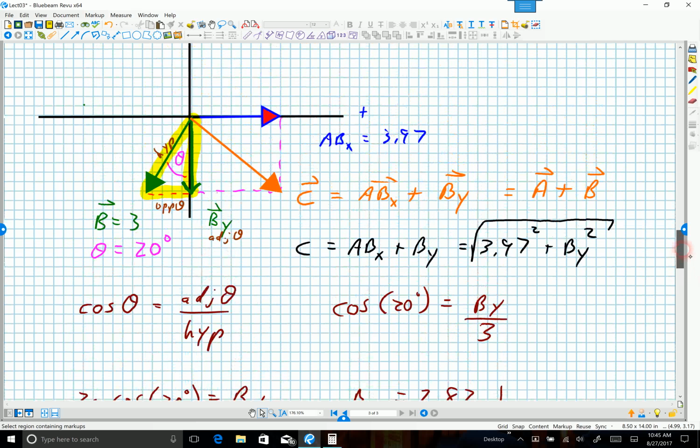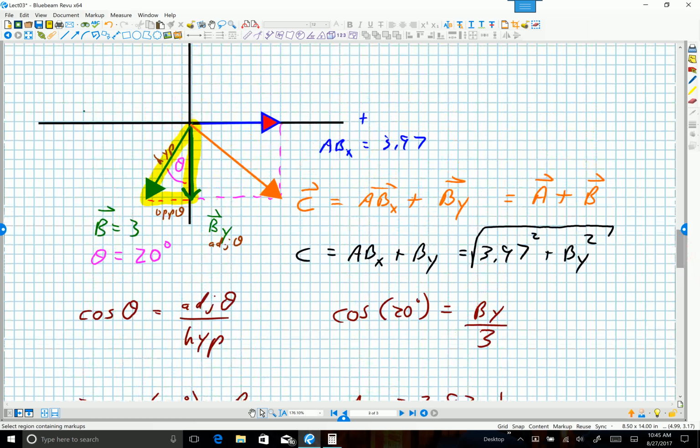And now the question is, what's the angle? I need to know the direction of C. I need two pieces of information. So I need to know, let's call this not theta, but phi. Good old trigonometry angle designation, phi. A different Greek letter to represent a different angle. I've shown which angle I'm trying to get.